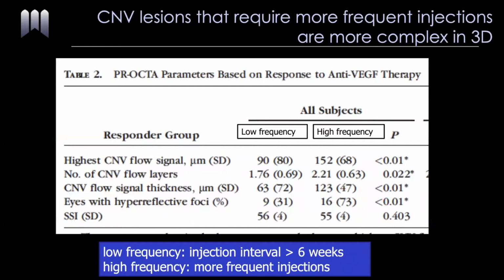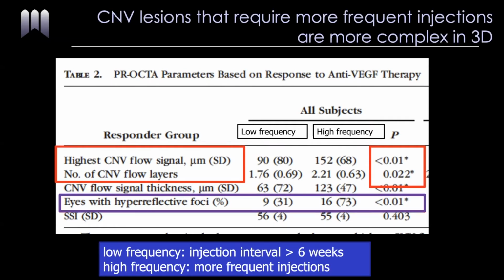So when we looked at the 3-dimensional features, we found that they were significantly different between the two groups. So the more complex, higher flow signal, more number of CNV lesions were eyes that required more frequent injections. The other feature that we found, which was interesting, was the more hyperreflective foci was also associated with more frequent treatment injections.